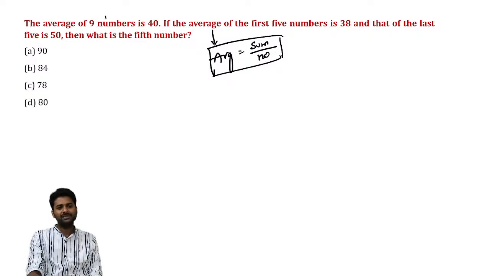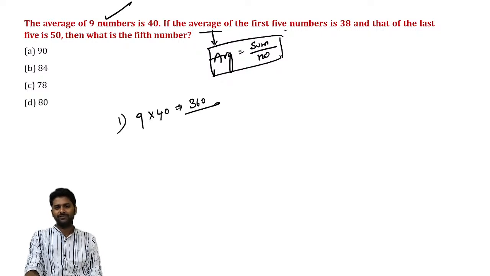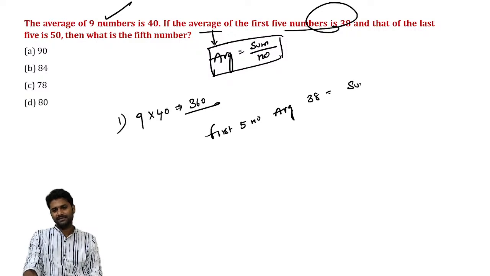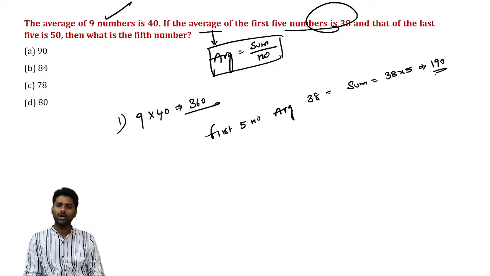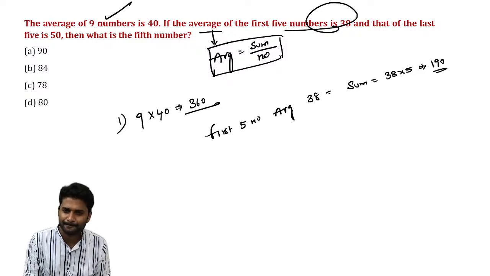Now see, average of 9 numbers is 40. 9 into 40. 9 into 4, 36. Total sum value is 360. And the average of first 5 numbers, if average is 38, then sum is equal to 38 into 5. 38 into 5 is equal to 190.